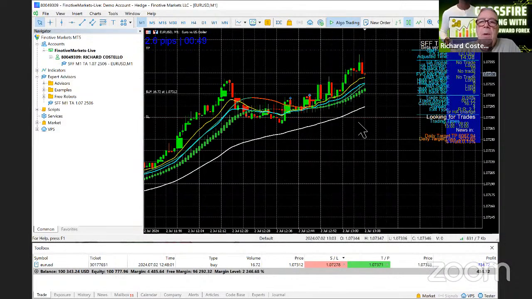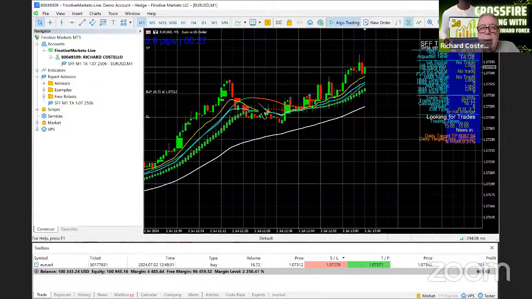What's interesting about this is we've got the white line, which is the 68 moving average. We've got the blue, which is a 21 moving average. We've got the yellow, which is a 13 moving average. So all the moving averages are pointing up, and the lower moving averages are above the higher moving average, so they're in the right sequence.